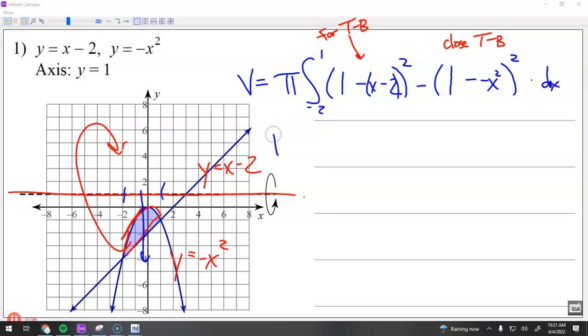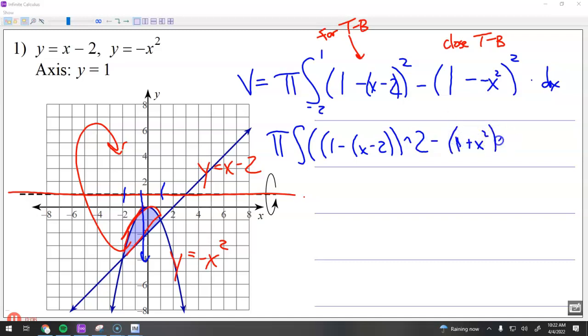Yeah, so you're going to type in pi, the integral sign, 1 minus (x minus 2) to the second, minus (1 plus x squared) to the second, comma x, comma negative 2, comma 1. That's what that would look like in your calculator. Now, are the answers in the back?